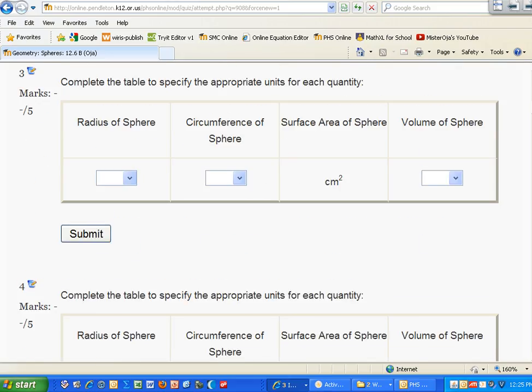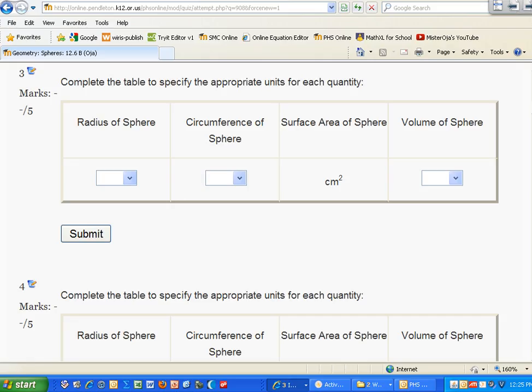Complete the table to specify the appropriate units for each quantity. All I want to point out here is the relationship between the units that we use to describe measurements made for radius, circumference, surface area, and volume, and how those units would correspond to these different types of quantities.